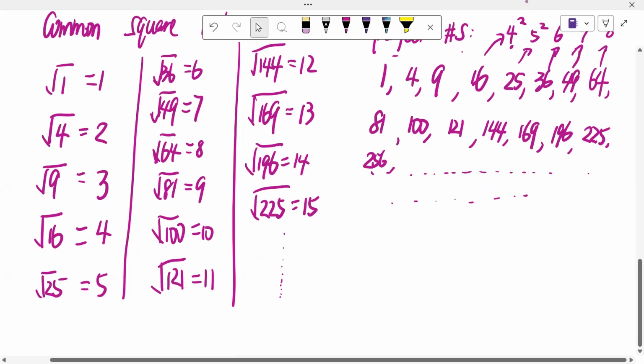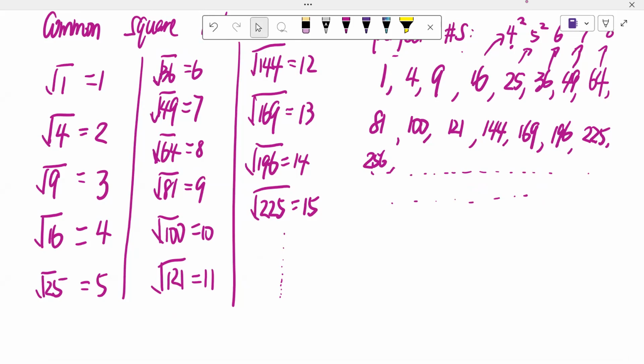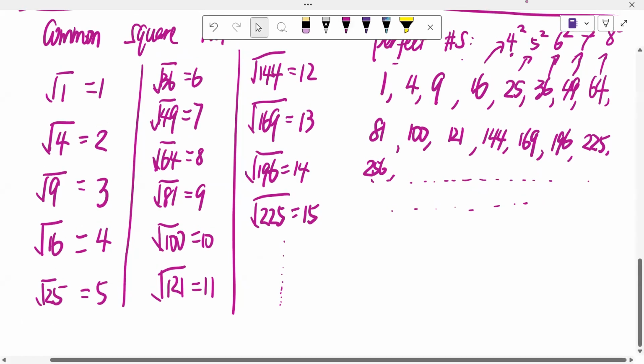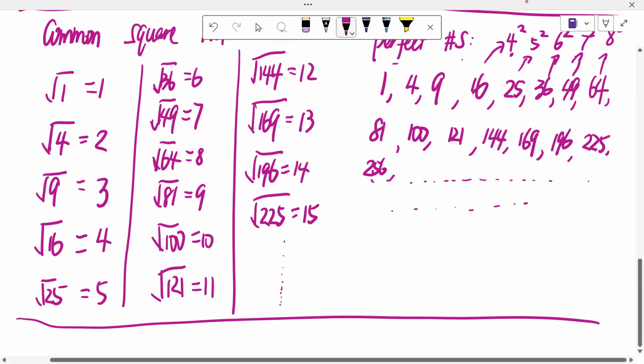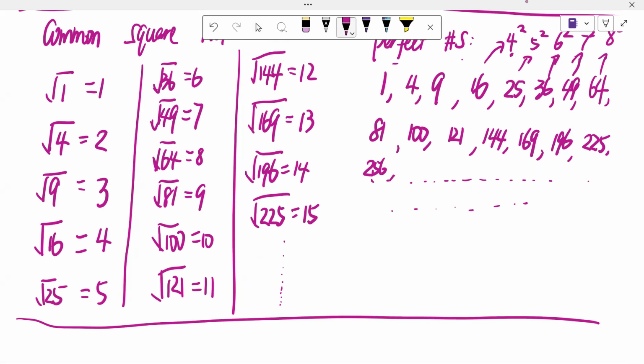Let's get to the common properties. But do you have any questions so far about these common square roots? Okay. And this is useful, right? So keep that in mind.